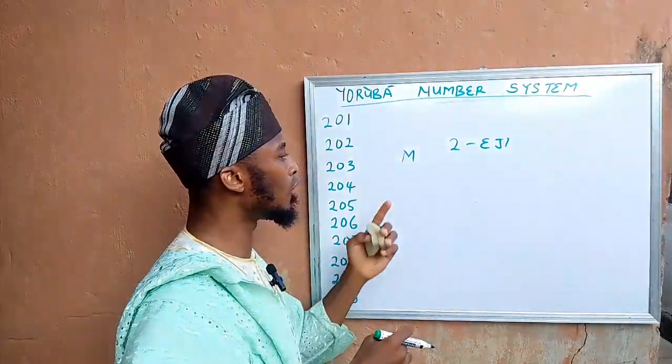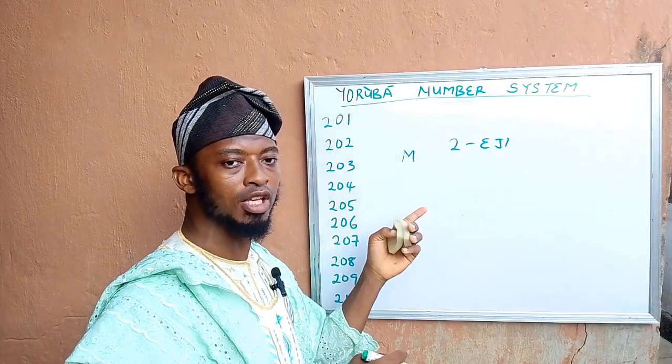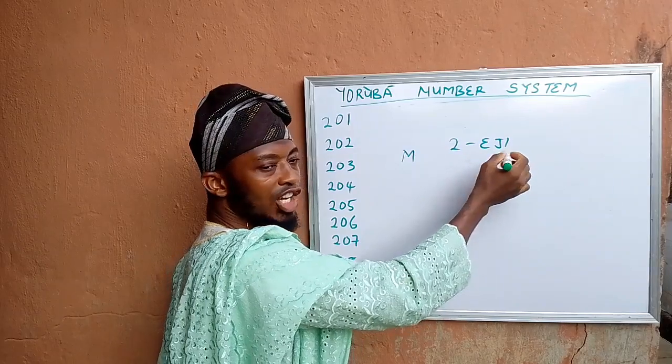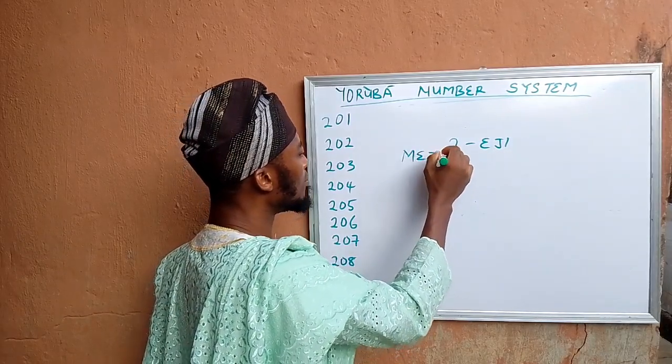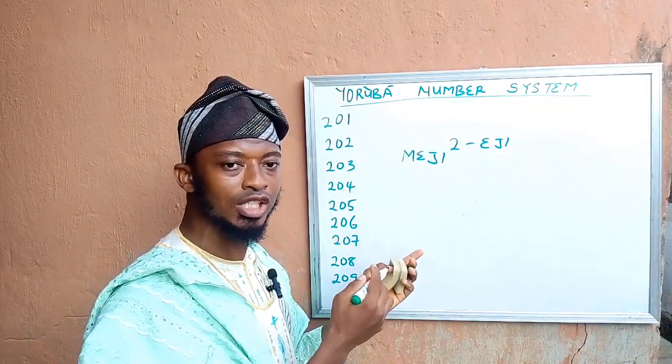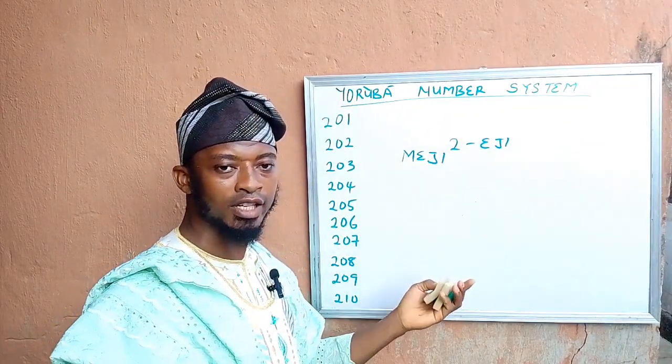So if you want to say 2 pens, you add M in front of it, which gives us Meji. So 2 pens will give us Meji, Meta, Merin, and so on.